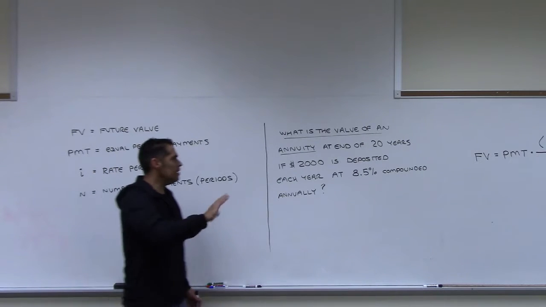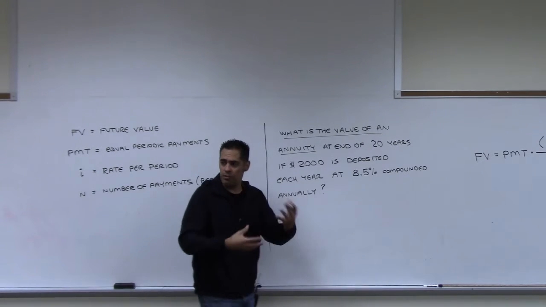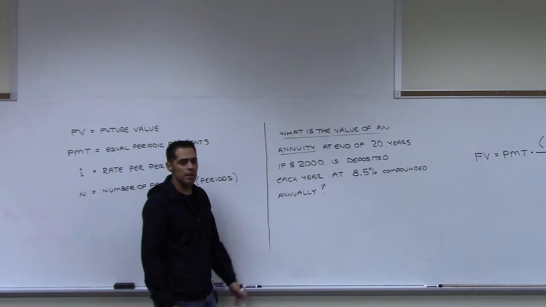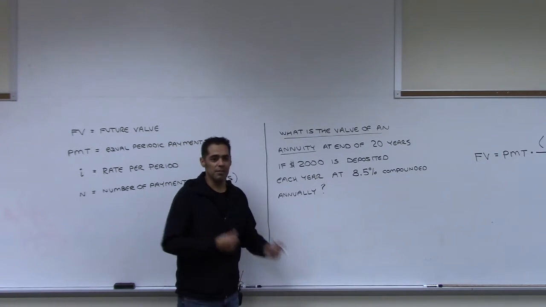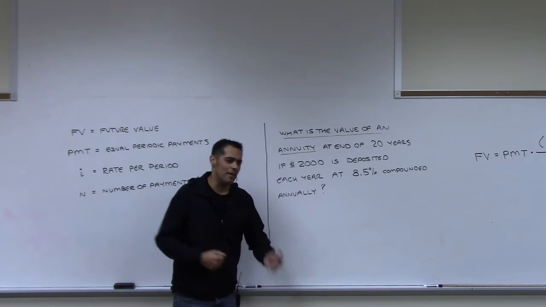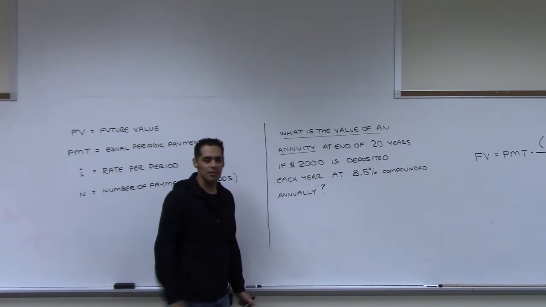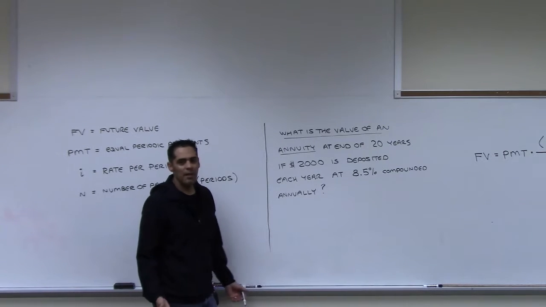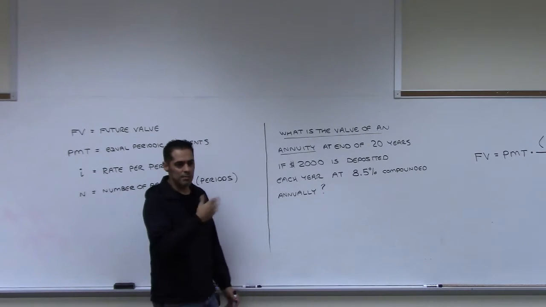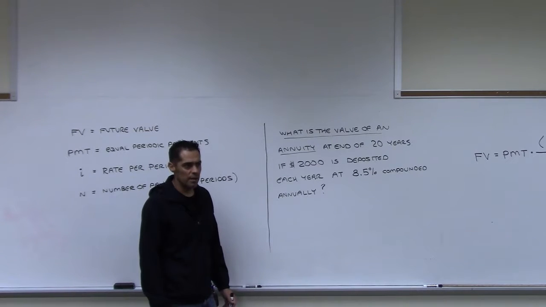If you had no interest, right? If you weren't gaining any interest on that, how much would you have after 20 years? If you just put $2,000, let's say you go in your backyard and you bury $2,000 every year. Once a year you go out there and dig a hole and put $2,000 in there. How much would you have at the end of 20 years? $40,000, right? Just 20 times 2,000, you'd have $40,000.